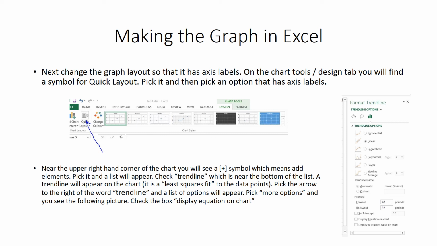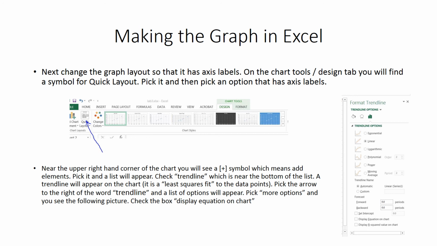Pick it, and a list will appear. Check the box where it says trend line, near the bottom of the list, and a trend line will appear on the chart. It's a least squares fit to the data, and I won't go into what all that means, but in some sense it's the line that best fits through all the data points.